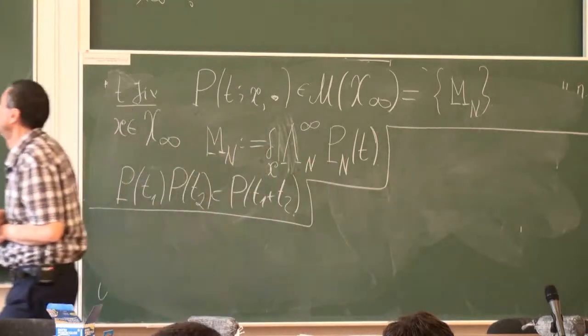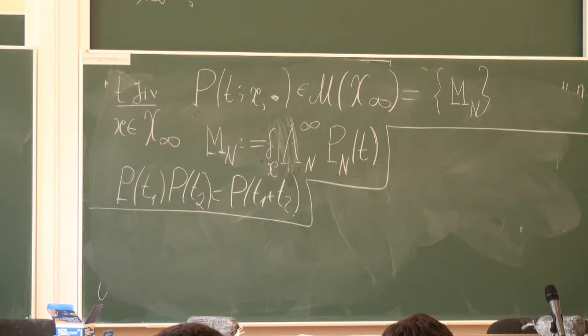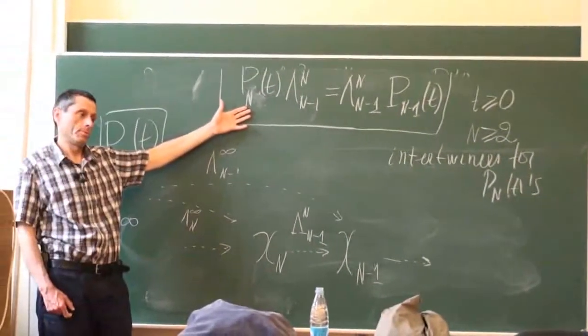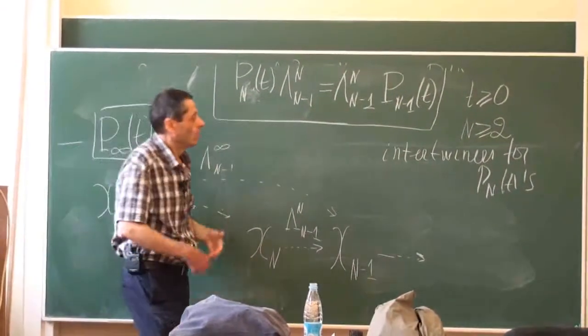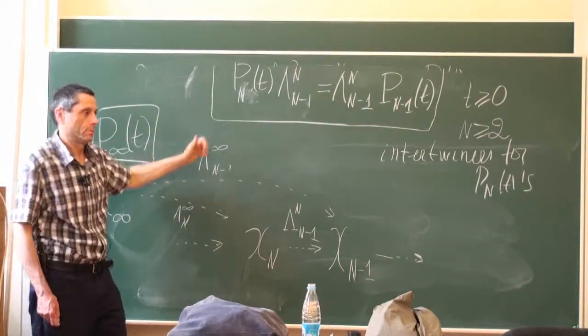What next? I recall that our Markov semigroups have been defined in terms of Markov generator. So how to verify this relation in practice? In practice, usually we do not dispose of explicit formulas for the Markov semigroup, but we have explicit formulas for the Markov generators.